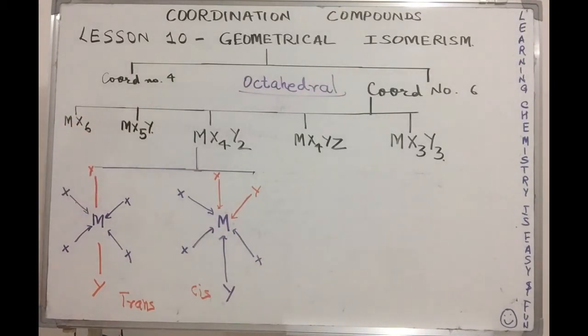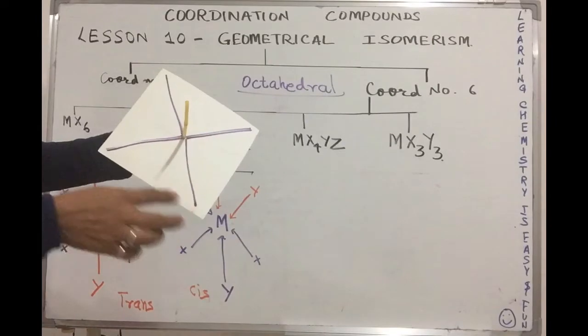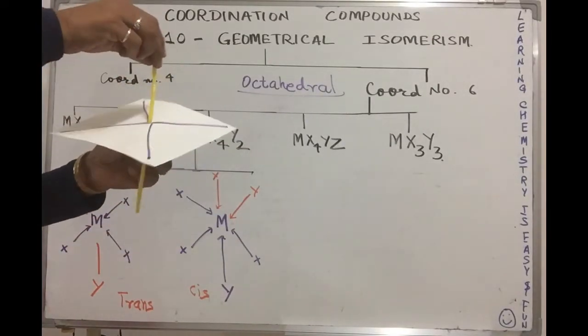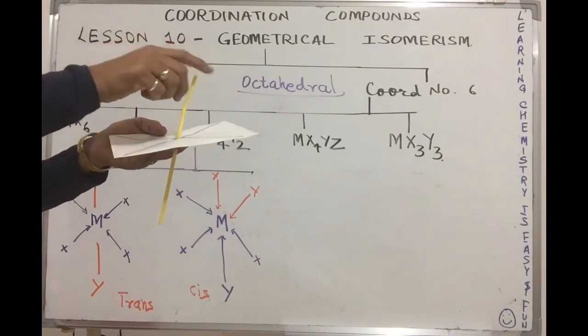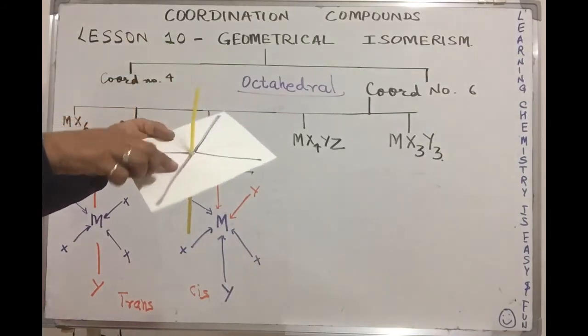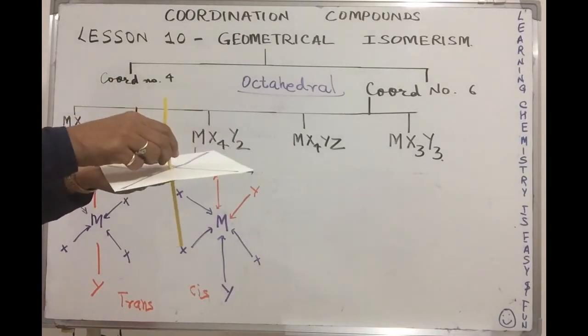So let me get it straight first. Yes, I've got it in place. Now you see over here 4 ligands, 1, 2, 3, 4 in one plane, one above it and one below it. And the bond angles here as well as the bond angles here, all 90 degrees.